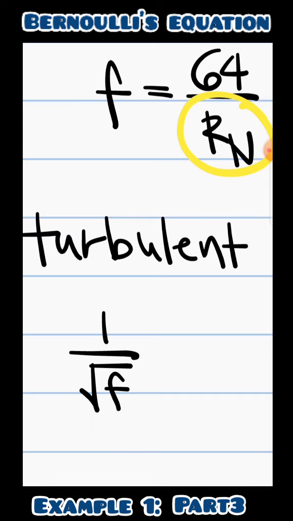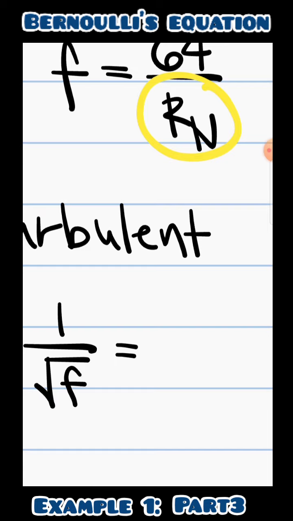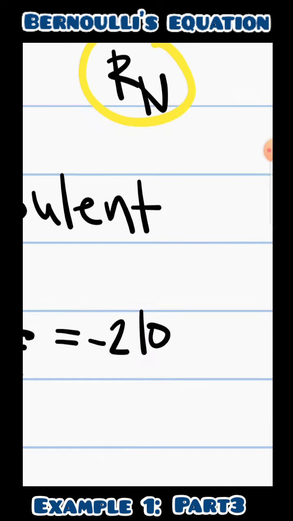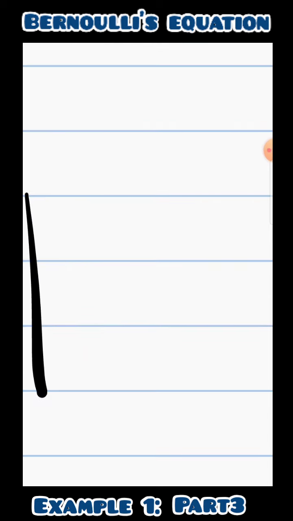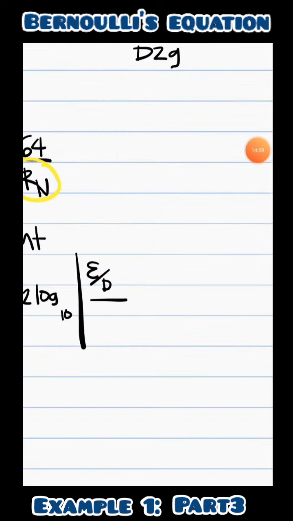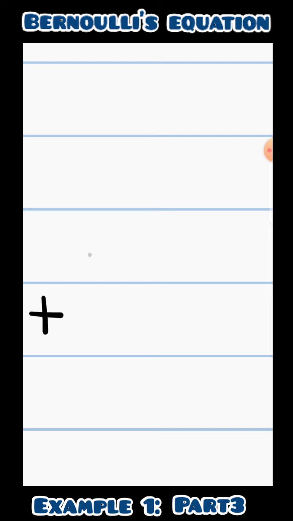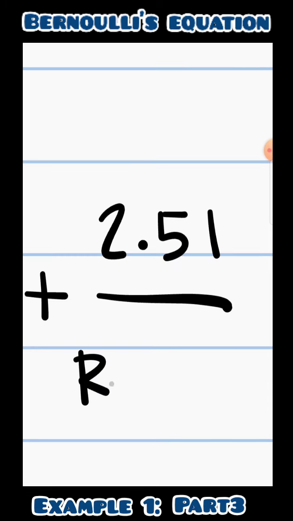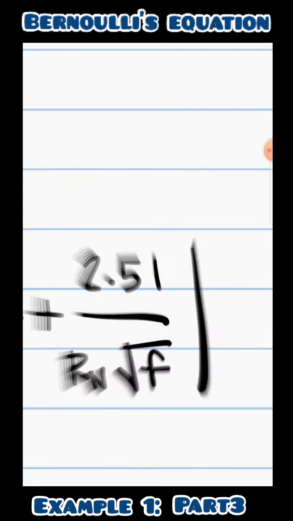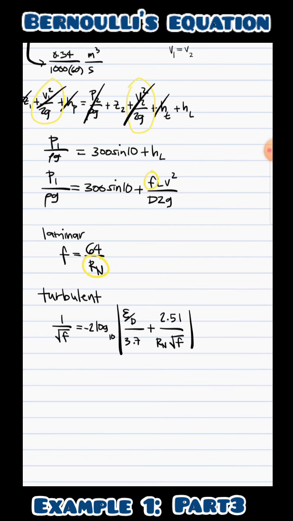They call it the Colebrook-White equation, and this is 1 over square root of F equals negative 2 log base 10 of the relative roughness over 3.7 plus 2.51 over the Reynolds number times square root of F. Now with these two cases, we can find the friction factor, because if we found out what F is, then we're good to go, right? We can now find the pressure.